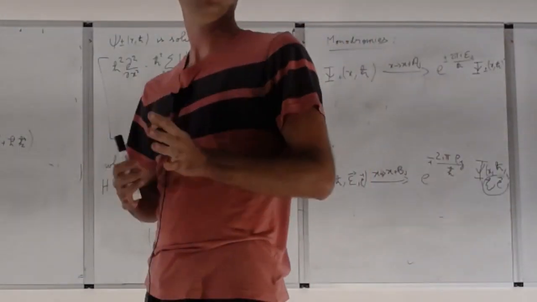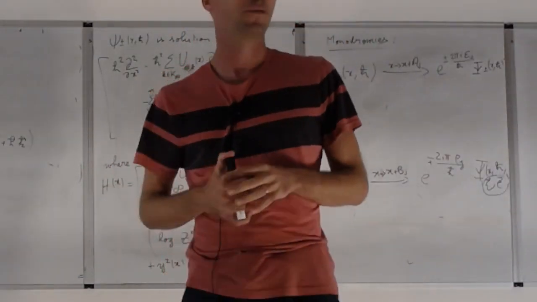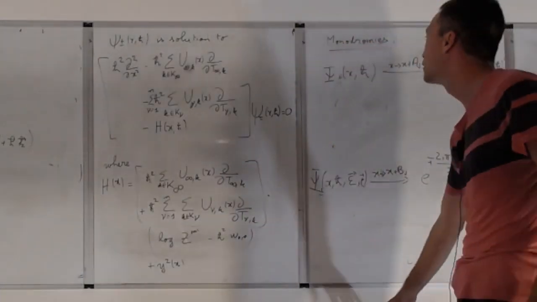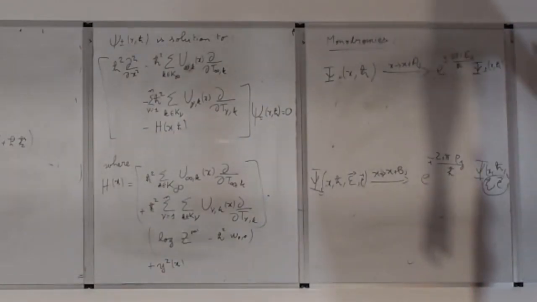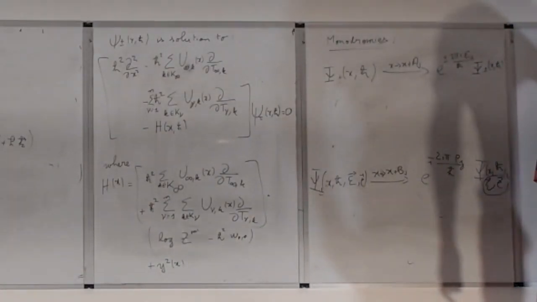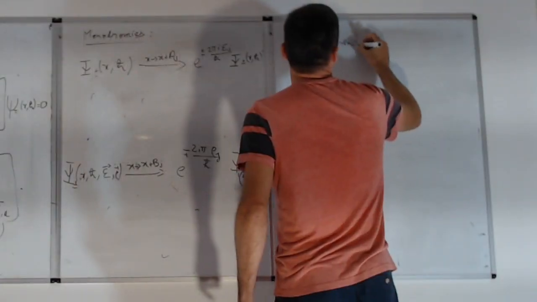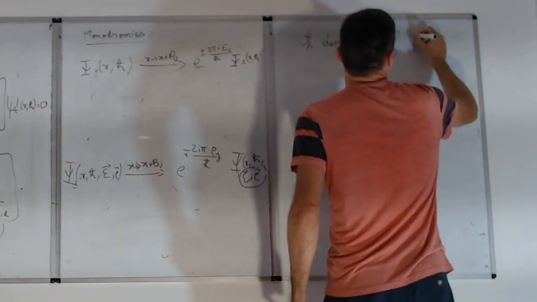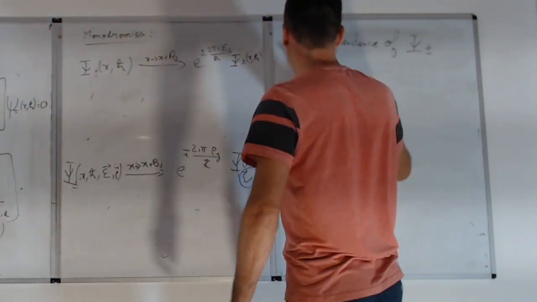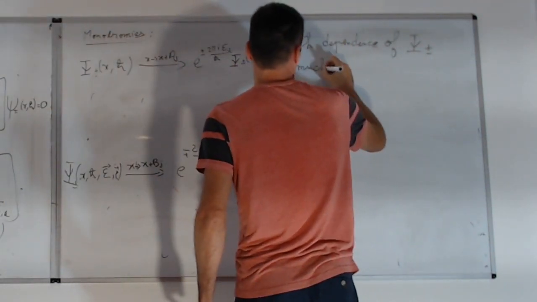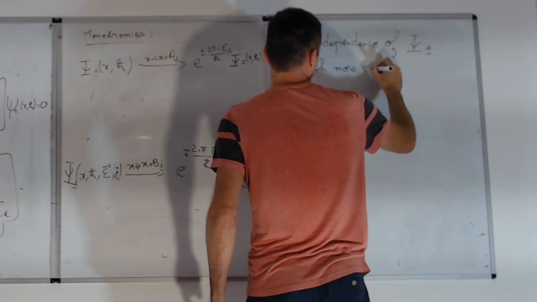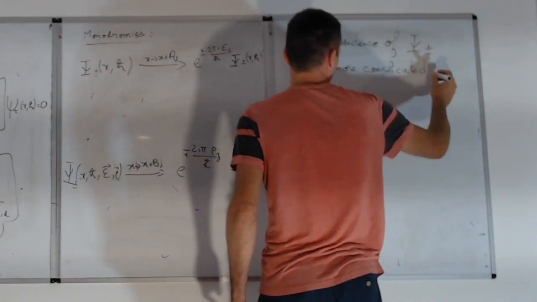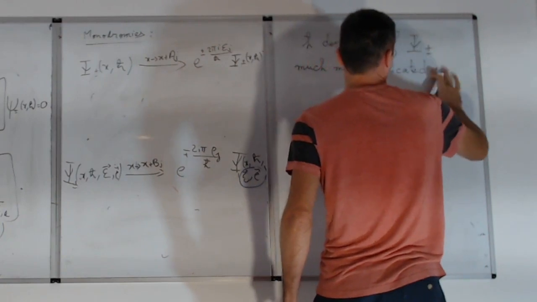So this seems quite simple, but there is a big price to pay. If you look at the h bar dependence of the wave function, it is much more complicated than before.